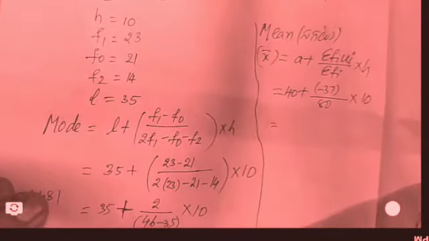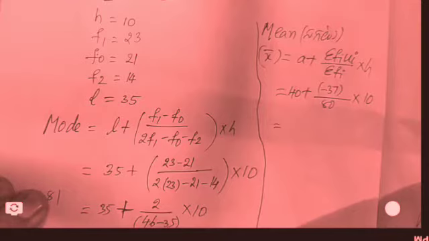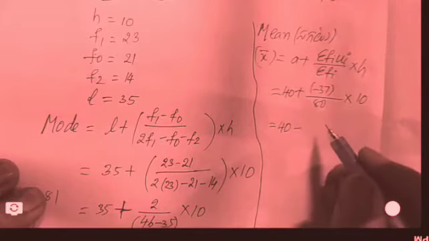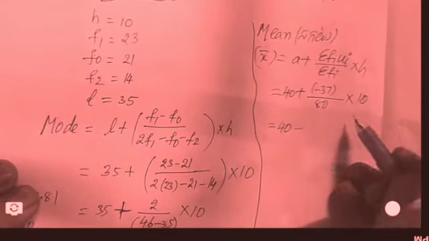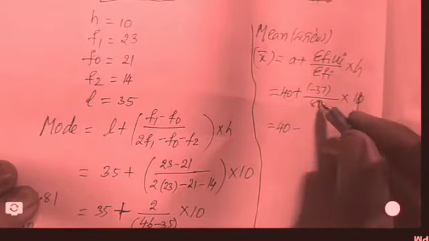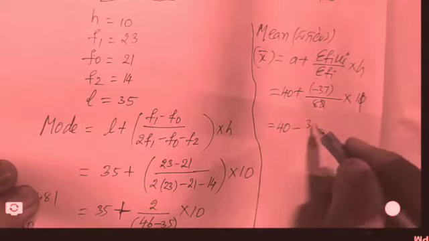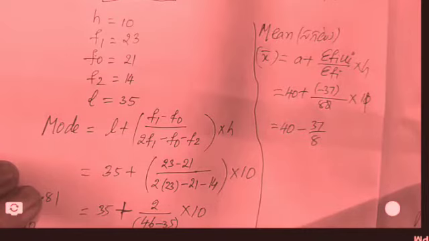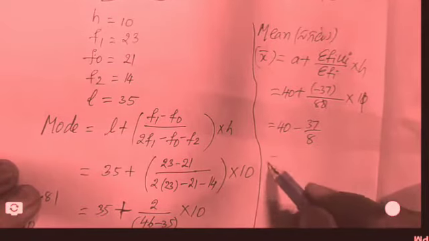Now just cancel it. 40 plus, minus 37 by 8, the 0 cancels. There is no common factor for 37 and 8.